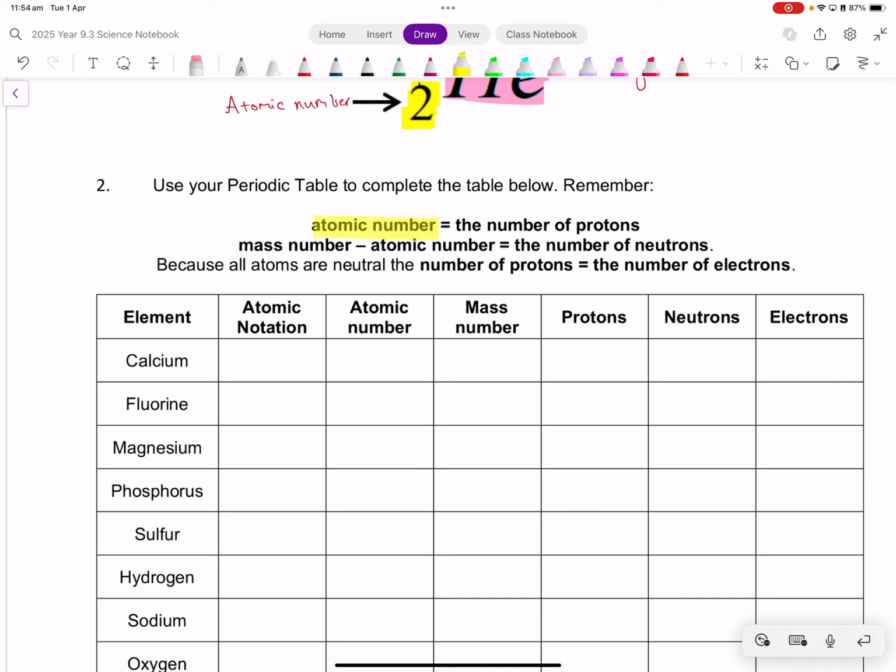Again, we already know the atomic number is the number of protons. The mass number minus the atomic number gives us the number of neutrons. And because all atoms are neutral, meaning all atoms have no charge, the number of protons and electrons is always the same. So let's start by doing the first one together.